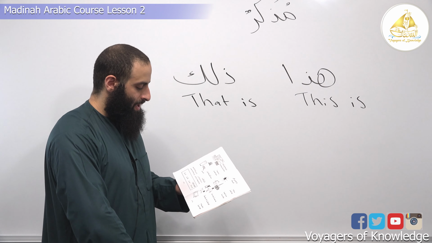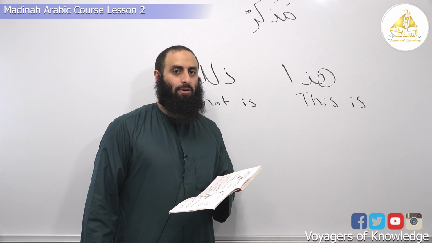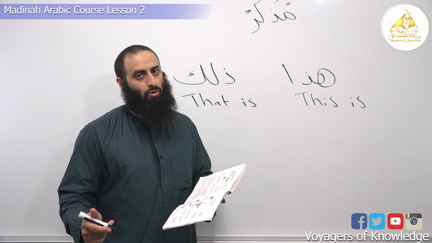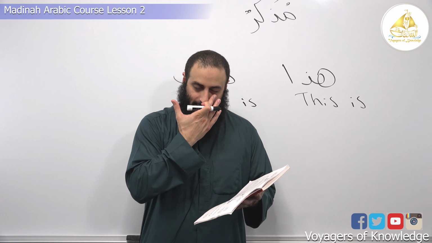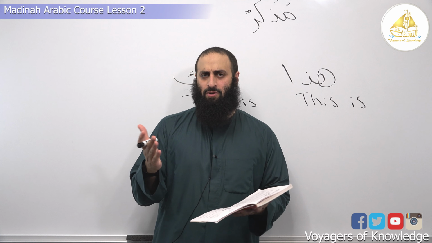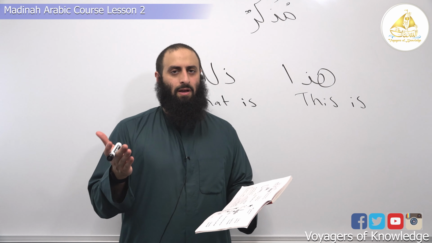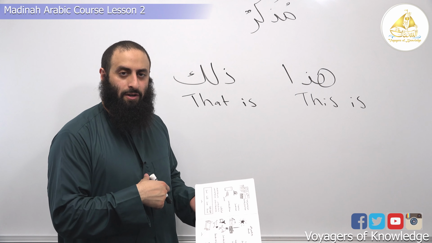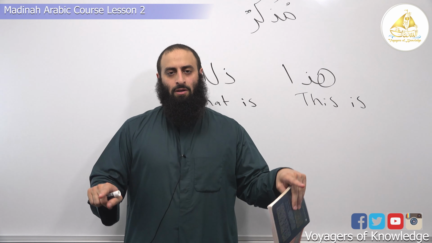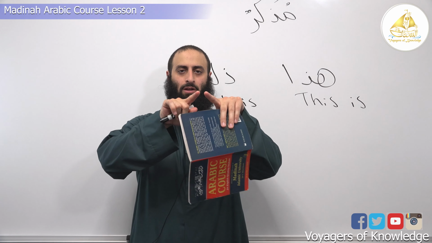Number three, أذلك قط؟ Is that a cat? لا ذلك كلب. No, that's a dog. And lastly, he says, ما هذا؟ What is this? هذا حجر. That's a rock.